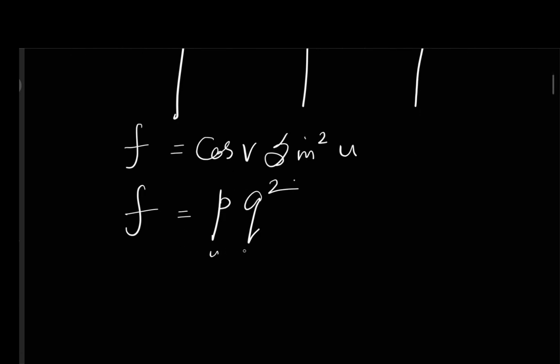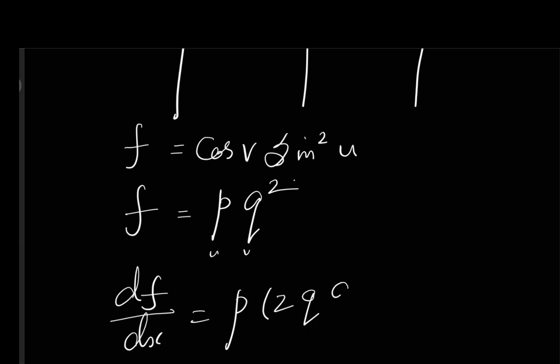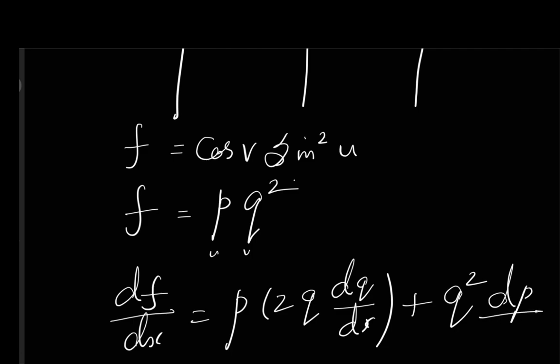Now we have to apply the uv product of functions method. So df by dx is equal to, keep p as constant, q squared, that is 2q into dq by dx, plus keep q squared constant, so dp by dx.